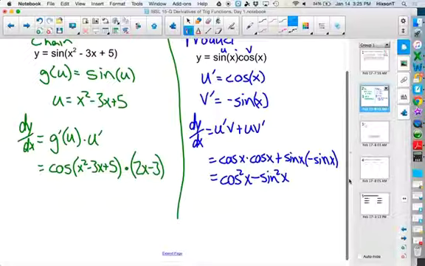So actually, this is one of our identities, and this is where using your formula booklet would be helpful. They might say, show that dy dx is cosine of 2x. And you get here and you're stuck.